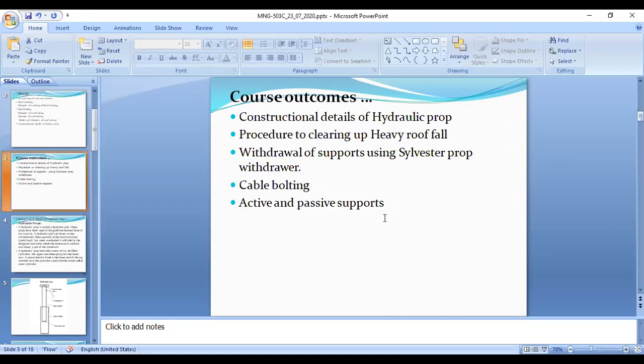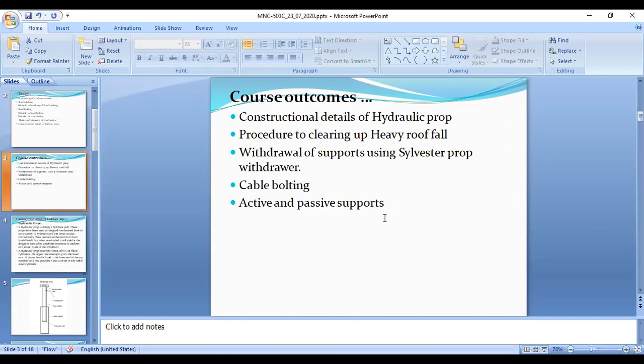For example, in the case of resin capsule bolting, we are simply pushing the cable, placing the grouting material and tightening it. That's it. So what happens? The rope bolts will carry the load only when there is a lateral movement of the strata, because it has to resist that. Due to movement of strata only, they will start carrying the load. Here we are not externally applying any force so that they start carrying the load. Such kinds of supports are called passive supports.